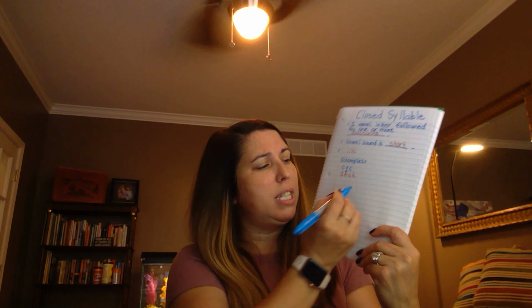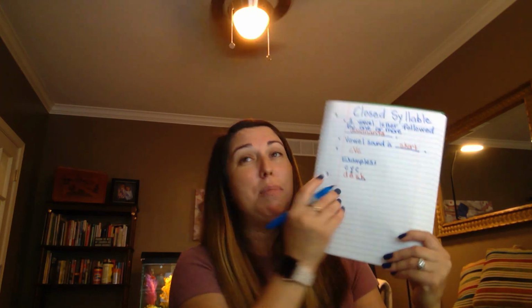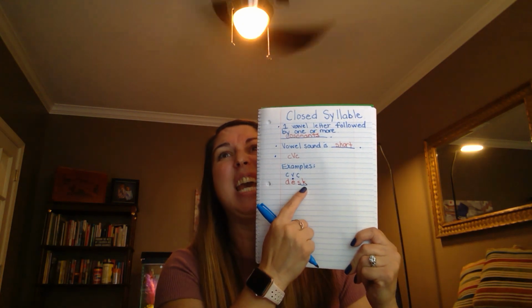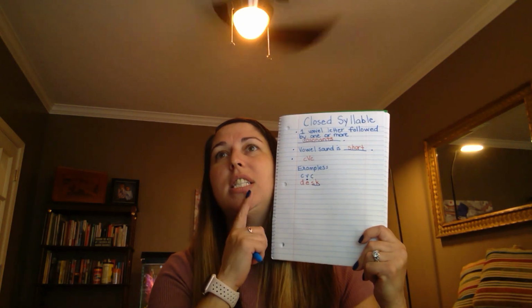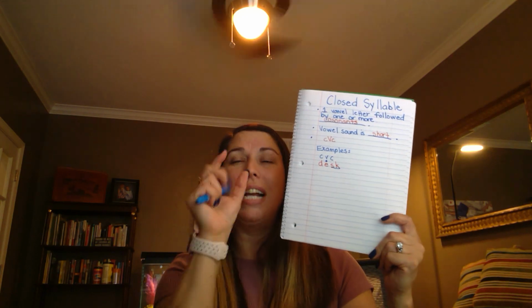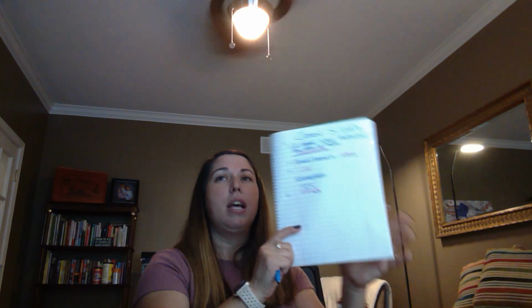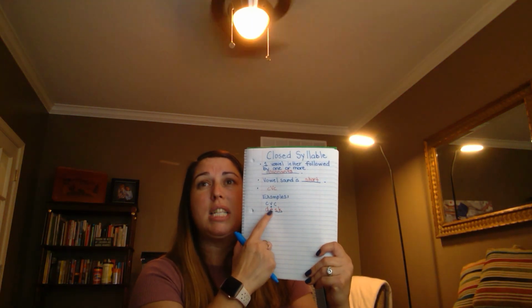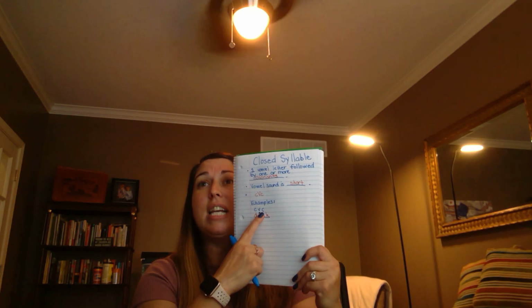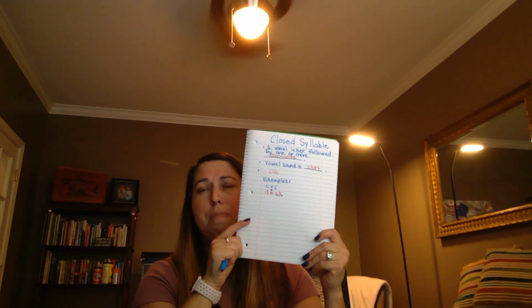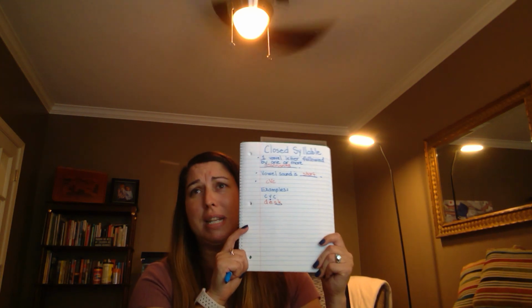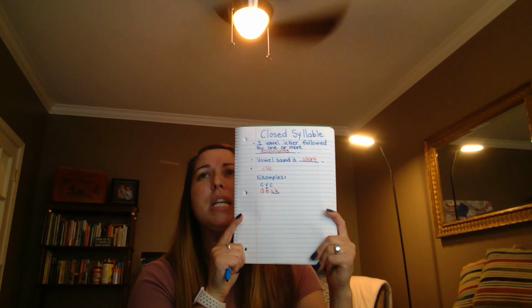But the SK is a blend, so I don't have to put CC because I already know that the SK goes together as one consonant unit. So I have a D, which is my consonant, the E is my vowel, and the SK is my consonant because they go together. I think I called them a digraph, but they're actually a blend. I apologize.